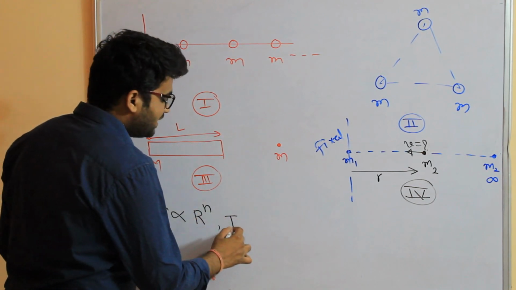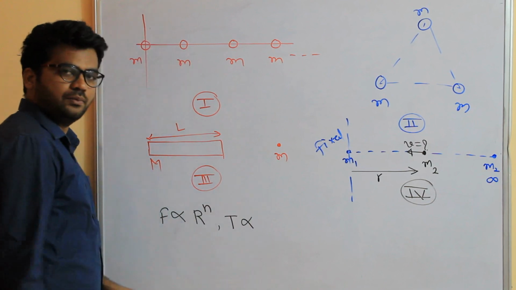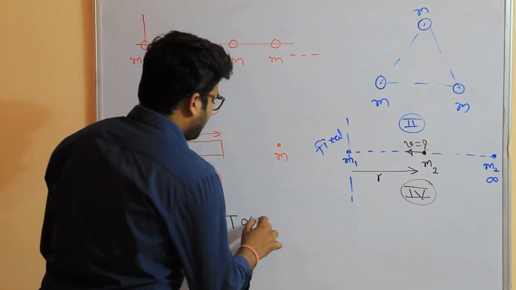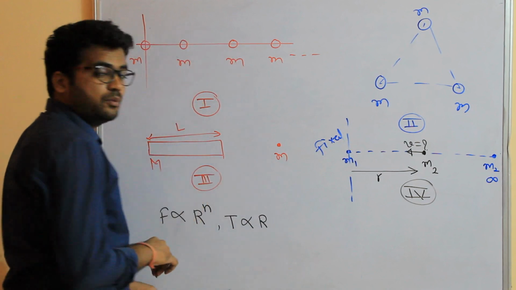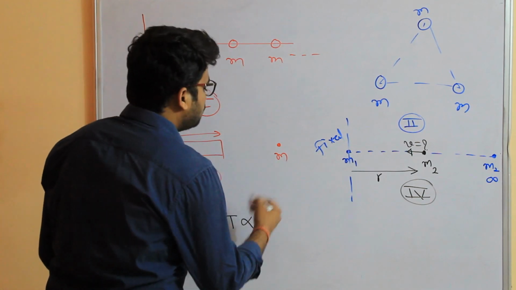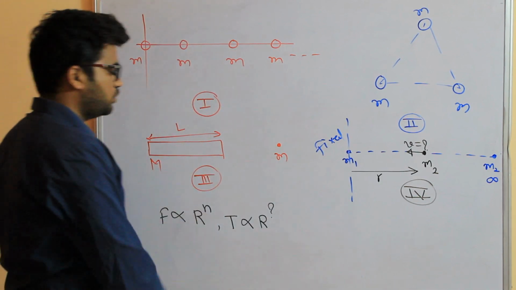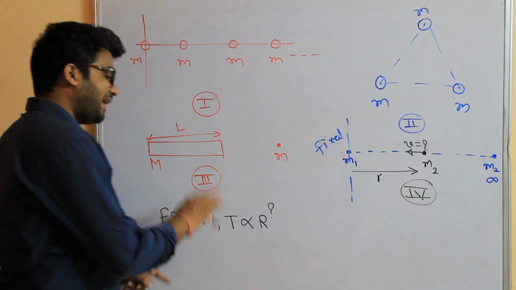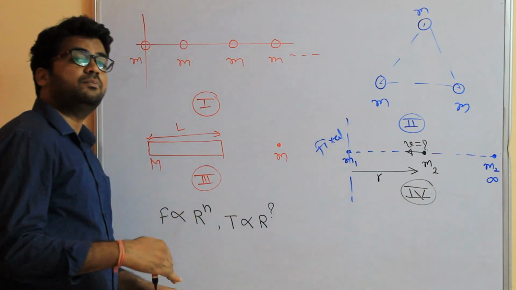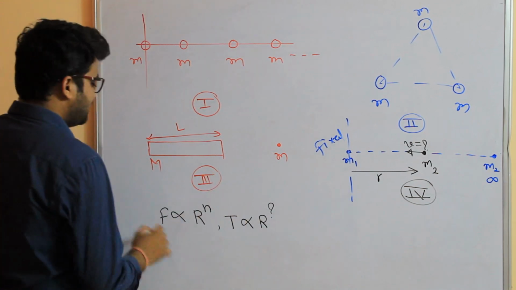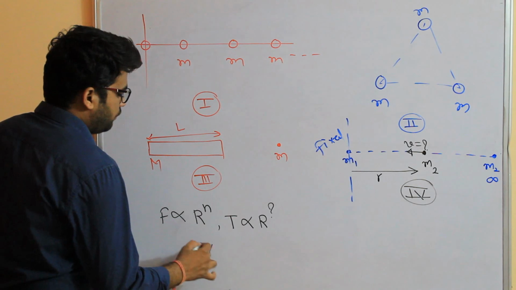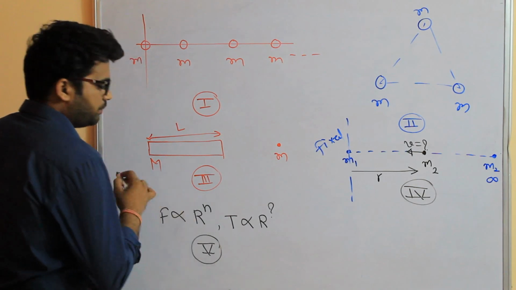Now what is the time period directly proportional to, r to the power of what? If F is directly proportional to r to the power n, then time period is directly proportional to r to the power of what? This is the fifth model which we have.